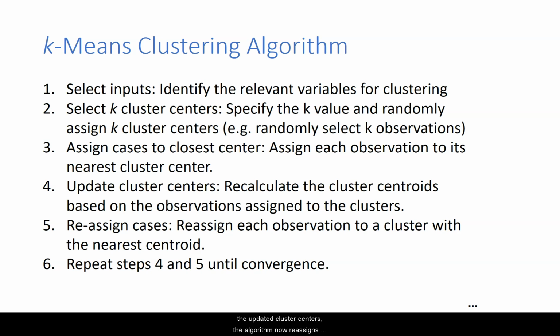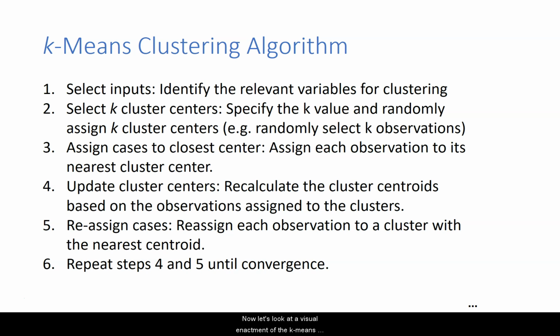With the cluster centroids as the updated cluster centers, the algorithm now reassigns the observations to their closest cluster centers, thus changing the cluster structure. Step 6. The algorithm will repeat steps 4 and 5 until convergence, which means that the cluster structure reaches a stable state and would no longer change. In some cases, convergence comes after a few iterations, and in other cases, it may take many iterations to reach convergence.